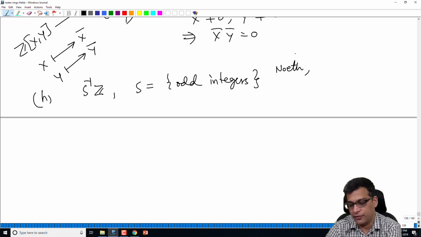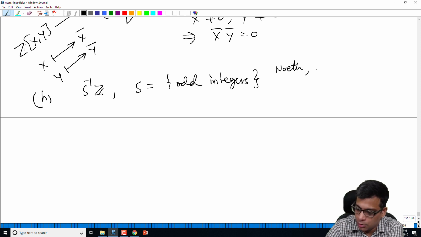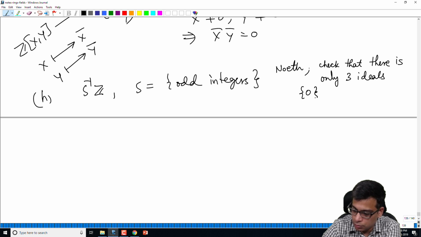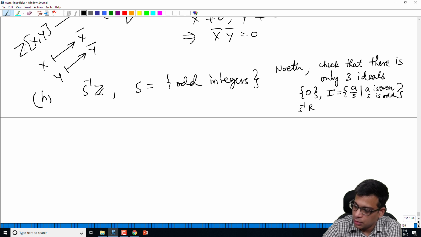And one can check that there are only 3 ideals: 0, the ideal I from the last problem, which is A by S, where A is even and S is of course odd, and S inverse R itself. There are only 3 ideals. These are the 3 ideals.